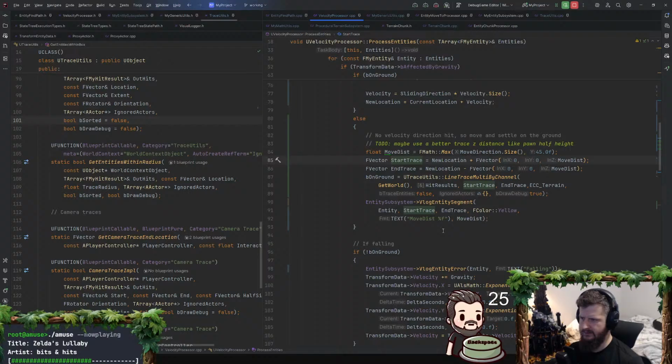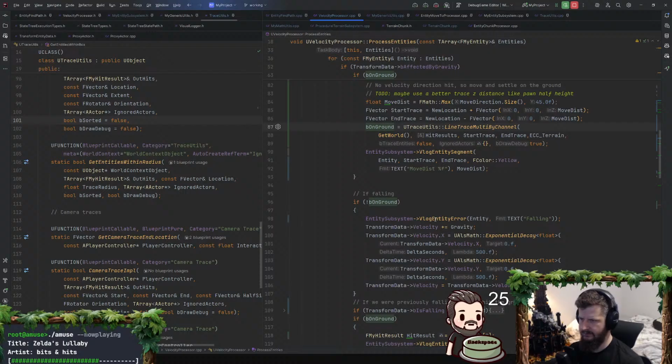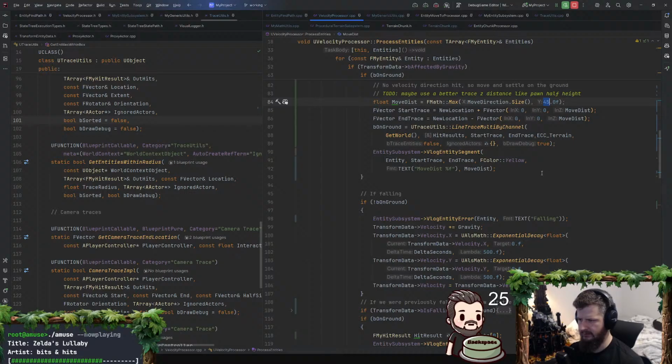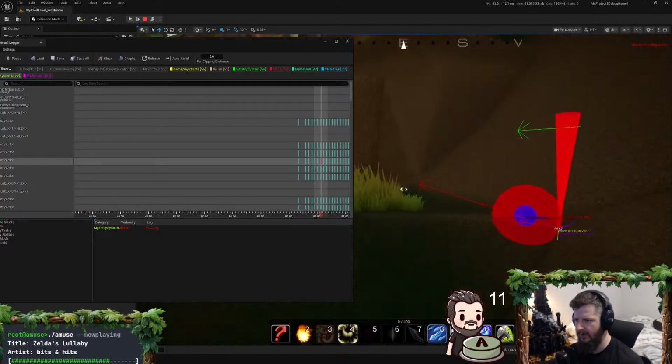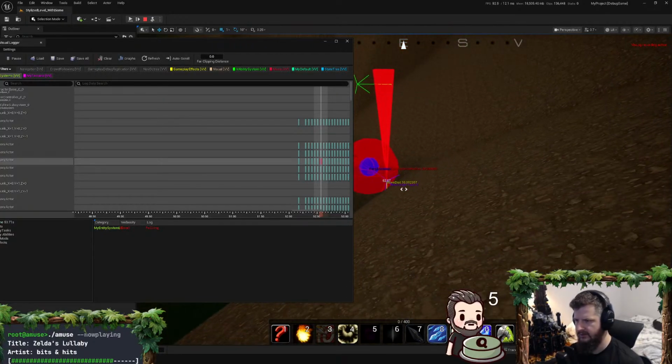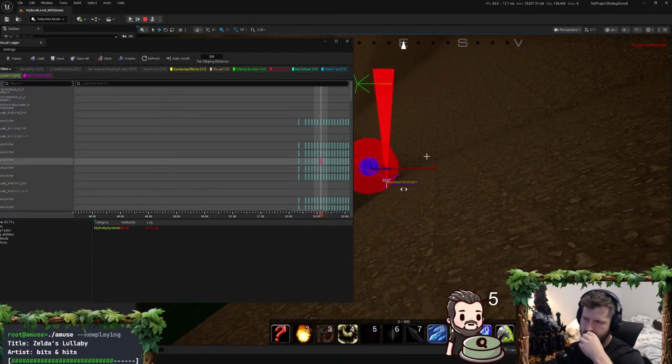And then what do we do with this? If we get the hit, then we are on ground. Well, maybe more isn't actually what we should do. Yeah, because he was technically getting a velocity going away from the terrain because he was walking down the hill.